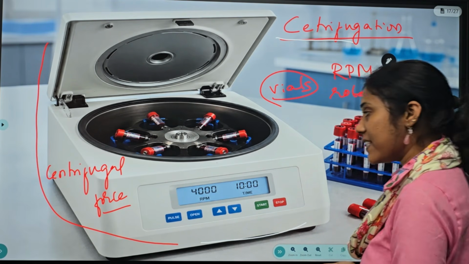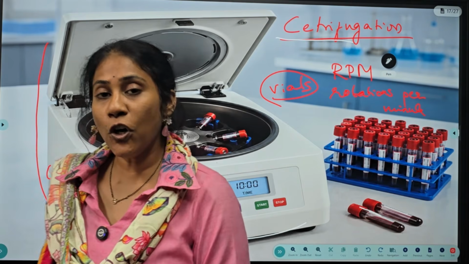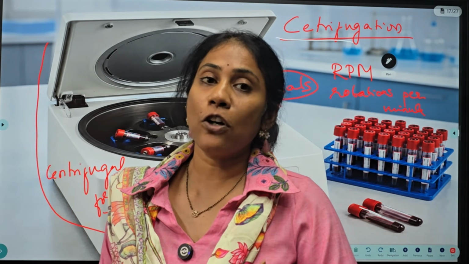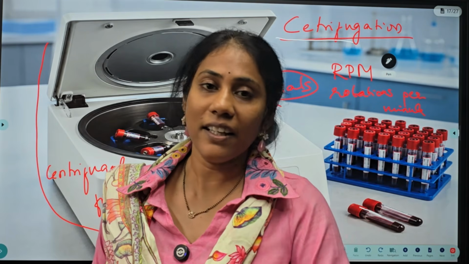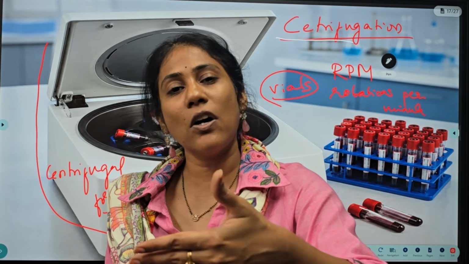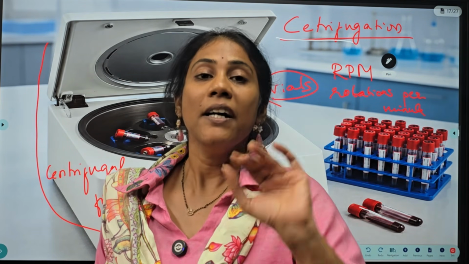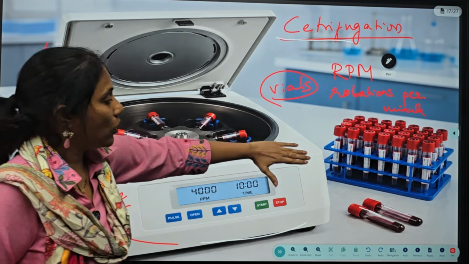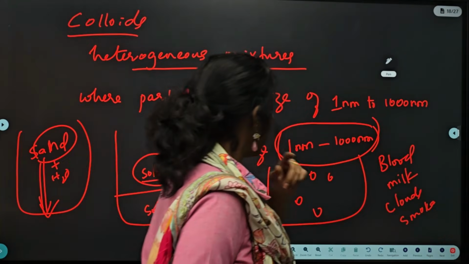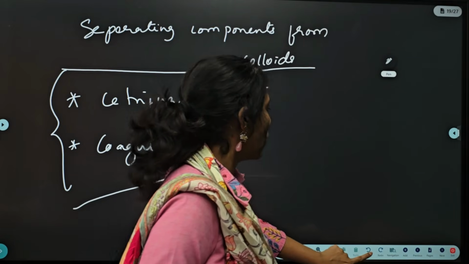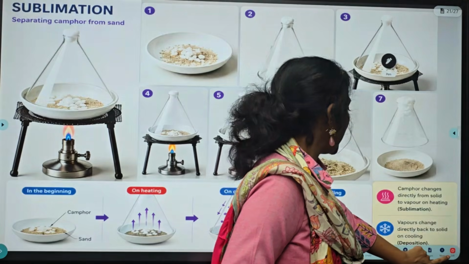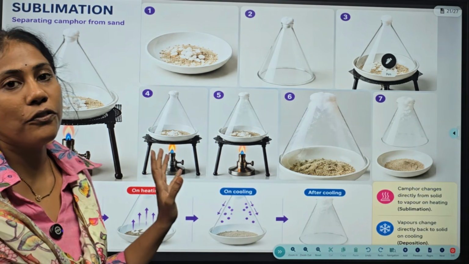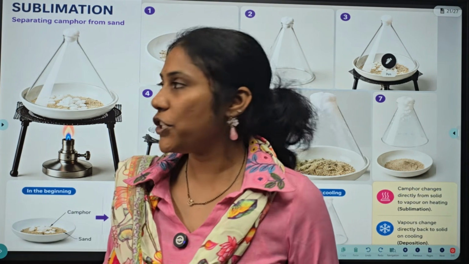The solid component is heavier, so it settles at the bottom. The liquid component is lighter, so it stays on top. That process is called centrifugation. That's it, we are done with centrifugation.